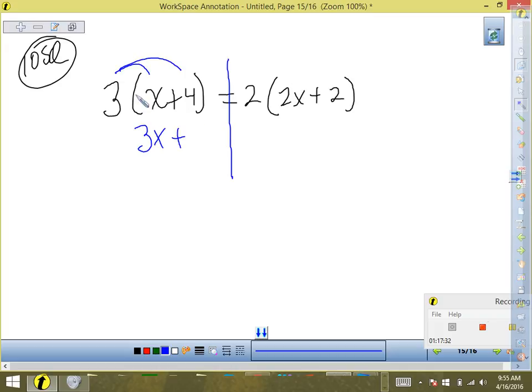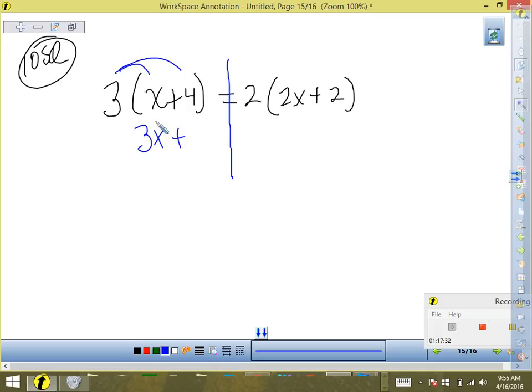So make sure you distribute to both terms. It's like if I said I'm going to give you a referral, but not these two rows. That's not fair, right? So I need to distribute.